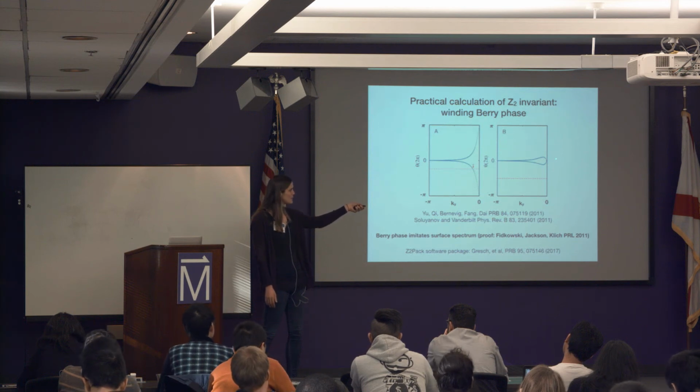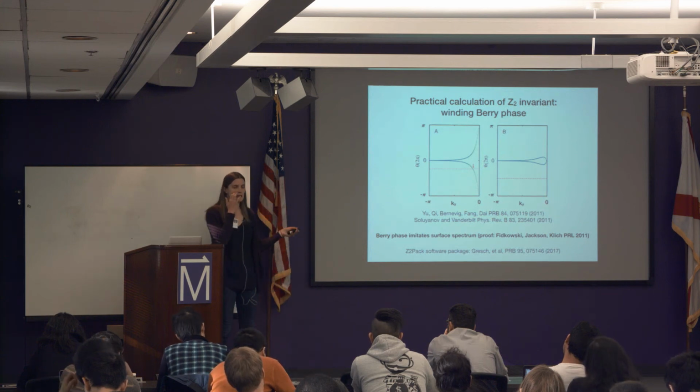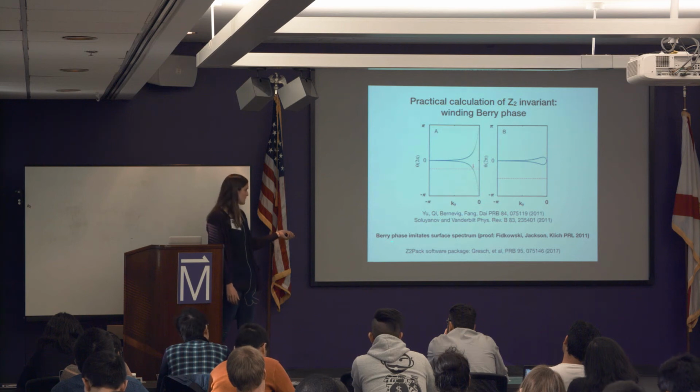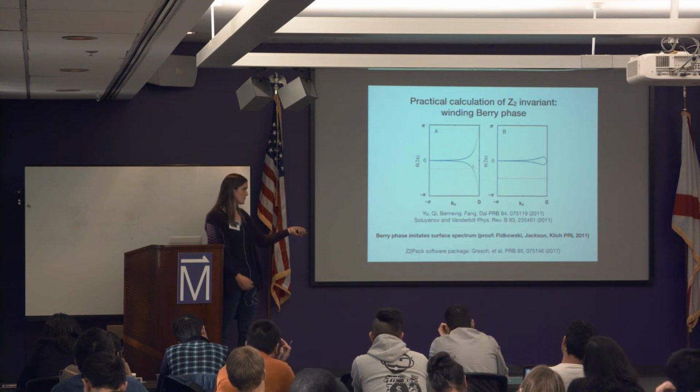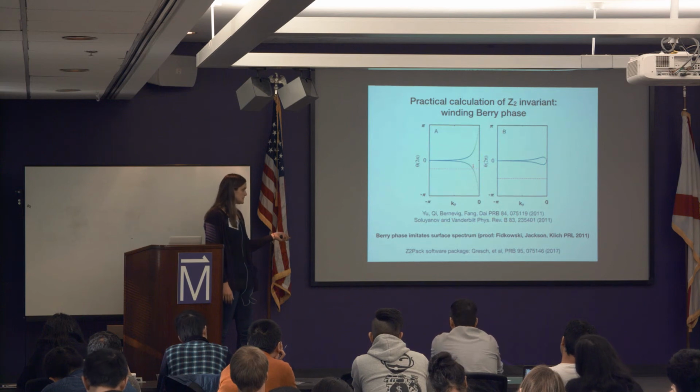So by moving around where your Fermi level is, it'll always be an even number on the right-hand picture and an odd number on the left-hand picture. And this is going back to what we were talking about before: the Berry phase imitates the surface spectrum, and this is one paper where this is made rigorous, doing this flattening procedure that I was mentioning.